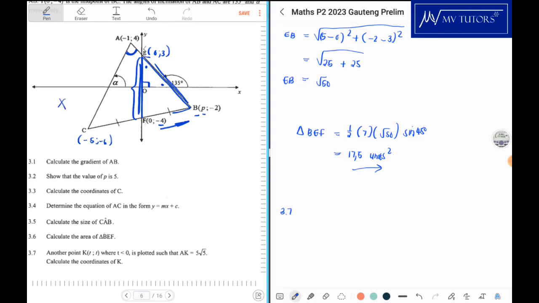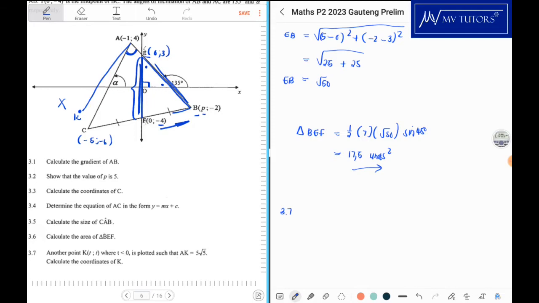So let's say K is somewhere here, and we have A over there. I don't know if it is a point on AC or just a random point. All I know is K is in the third quadrant. So if you were to plot AK, the length of AK would be 5 root 5. Now we need to calculate the coordinates of K.